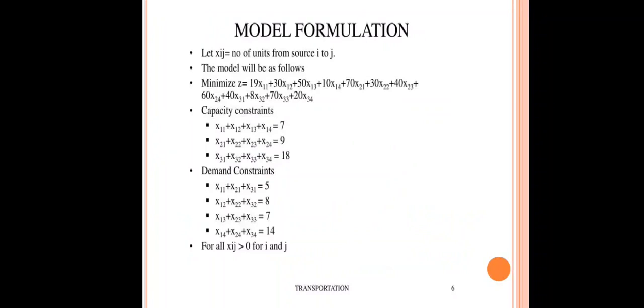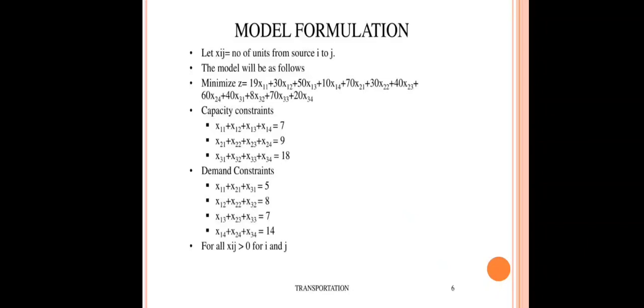Next we form the constraints. We take two types of constraints. First one, capacity constraints, that means row wise: x11 plus x12 plus x13 plus x14 is equal to 7, x21 plus x22 plus x23 plus x24 is equal to 9, x31 plus x32 plus x33 plus x34 is equal to 18.